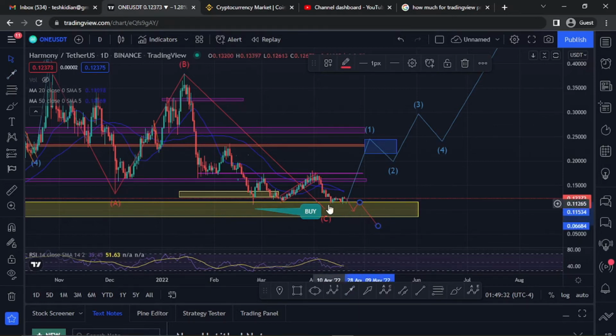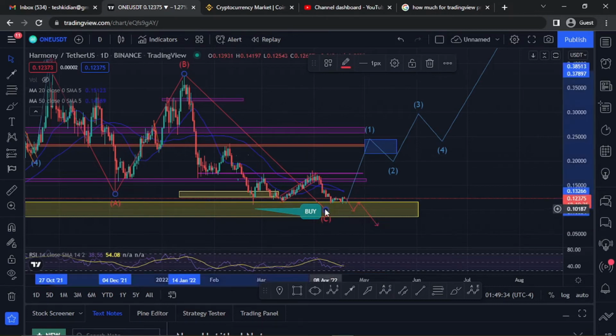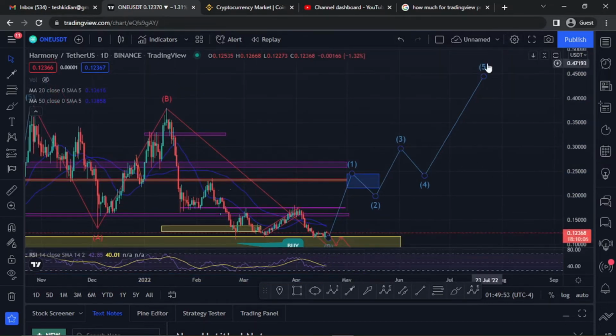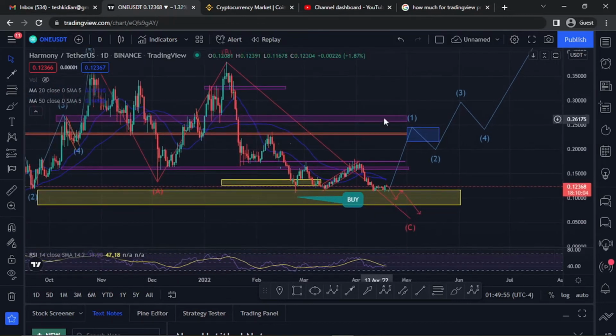But if that move plays out, I still believe it will be a continuation of this ABC correction, and once we see the low for the ABC correction, I will expect us to then have a massive wave that will take us to an all-time high, maybe in this Elliott wave pattern over here, having a wave 5 taking us to a new high. So that's what I expect in case we go below the $0.11 mark.